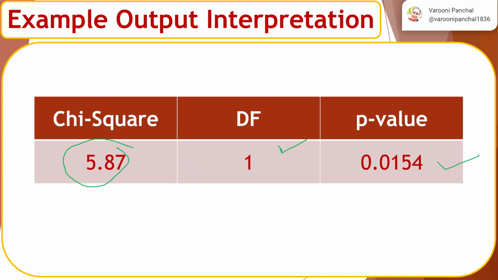As you see, this p-value is strictly less than 0.05, so there is a significant association. Whereas in the earlier example, the p-value is greater than 0.05, which means there is no significant association between the two variables.